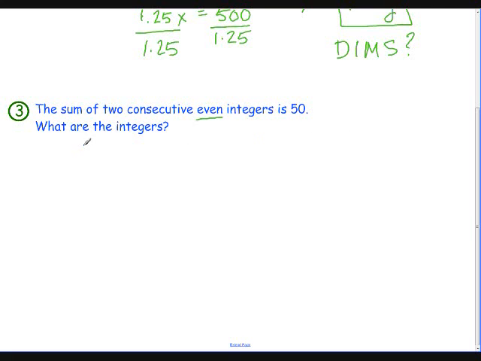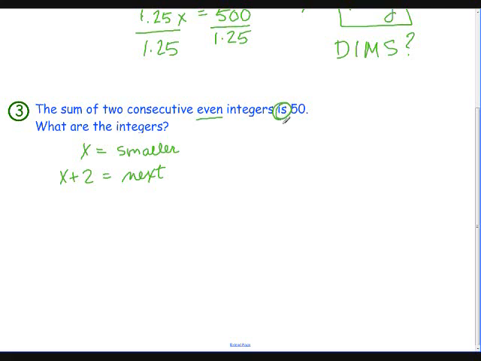So if I say x equals the smaller integer, then x plus 2 must be the next integer, right? Those would be the 2 consecutive even integers.